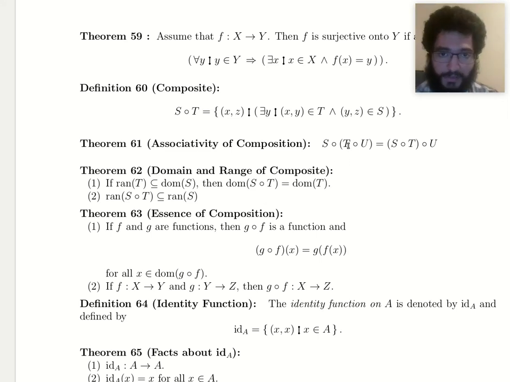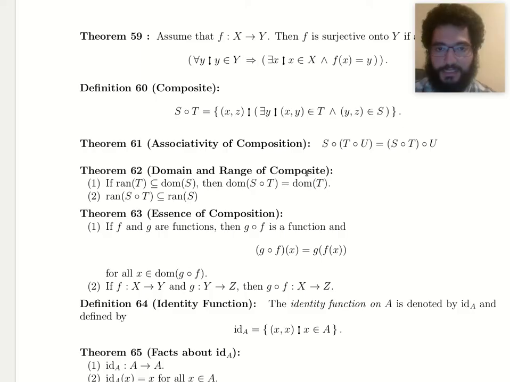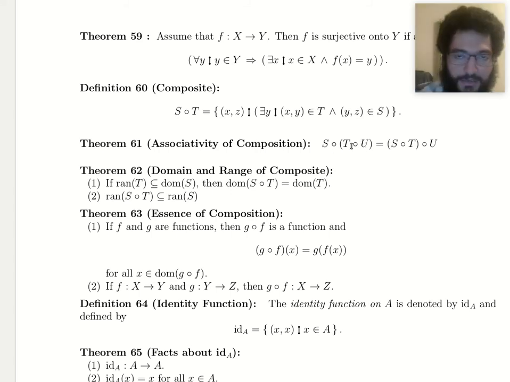One thing I like about things like this is, if you look at the pictures that go with composition, like these pictures we've been drawing where we just mush things together, it feels kind of obvious, right? It feels kind of obvious that if you take, what are these called?